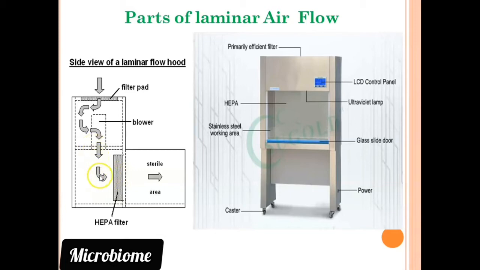When air passes through the HEPA filter, the particulate matter is trapped, and we get sterile or contaminant-free air into this working area. How this actually works is presented shortly.